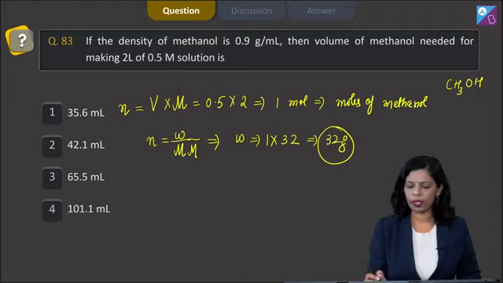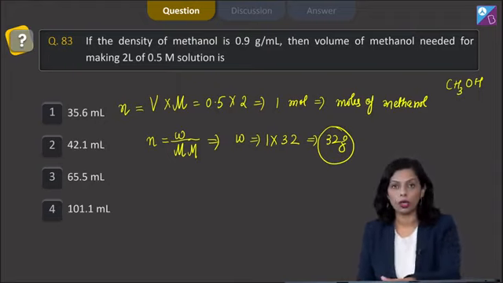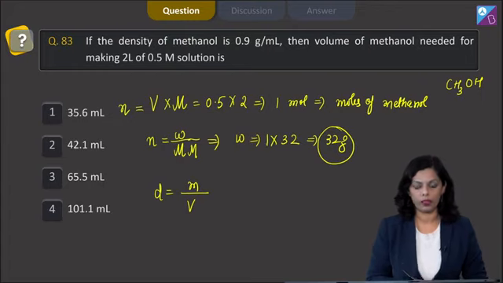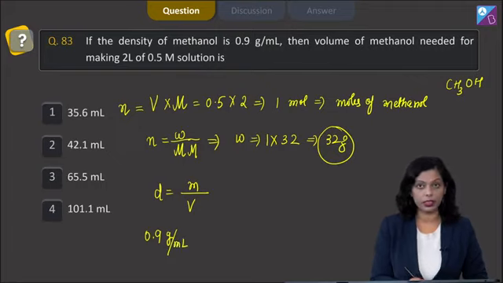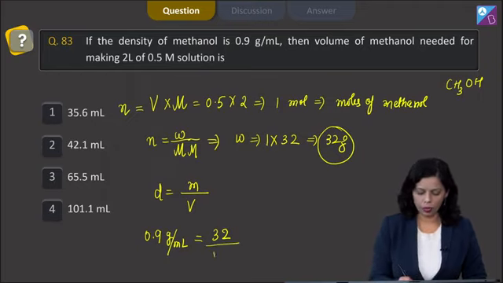Weight we have. Now, with the help of this, you need to find out the volume. Density you have. Density is mass per unit volume, right? Density of methanol is given as 0.9 gram per ml, isn't it? Okay. Now, mass 32, this is also given, divided by volume. So, how much would be the volume?